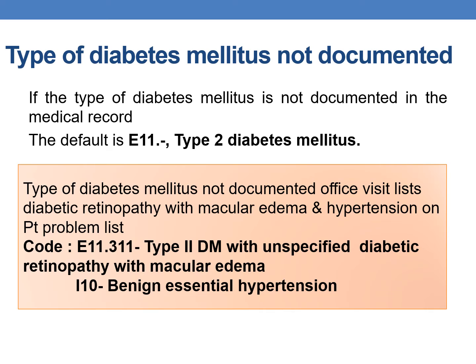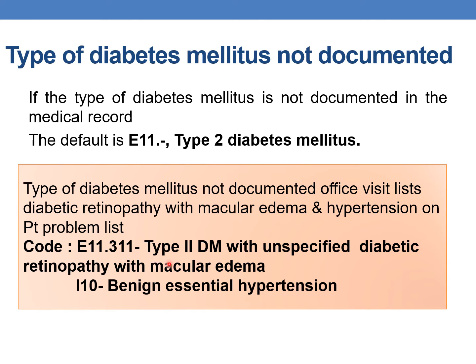Let us see an example. Type of diabetes mellitus not documented. Office visit lists diabetic retinopathy with macular edema and hypertension on patient's problem list. The answer for this scenario is, the first code is E11.311. Because the type of diabetes is not documented, we are considering it as type 2 diabetes mellitus.